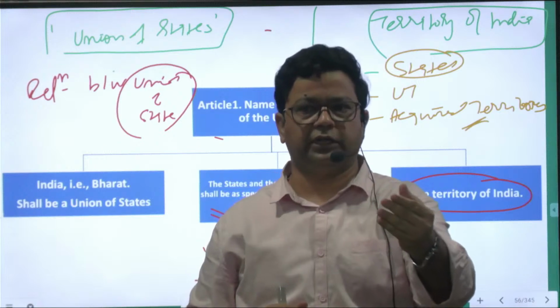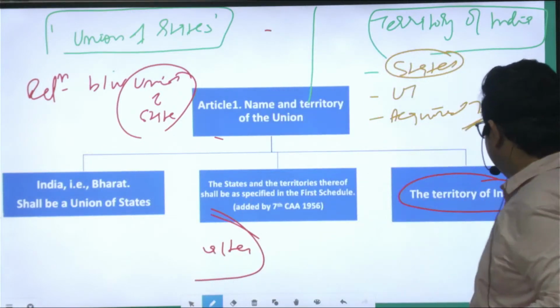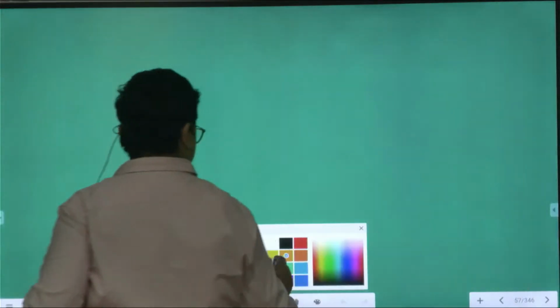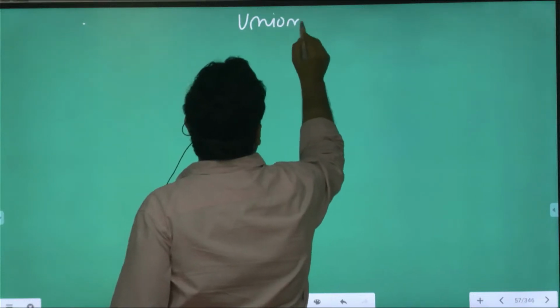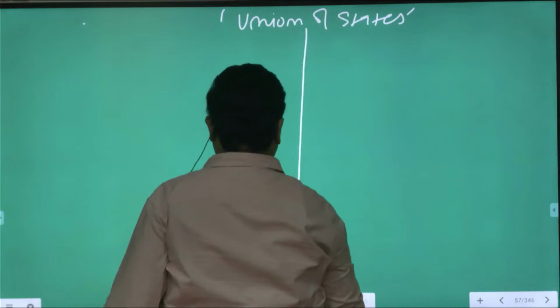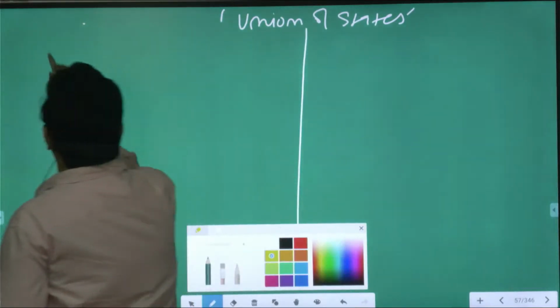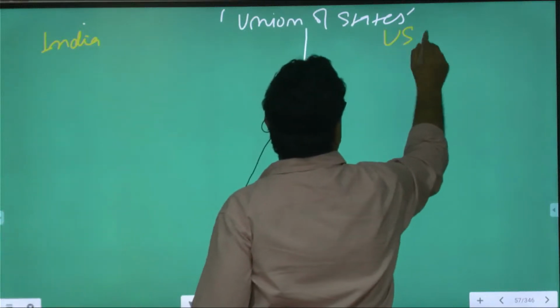Let's understand this in another way. Let me give you another example. Make a comparison with the American Union of States. So this is the Union of States in India and the Union of States in the USA.